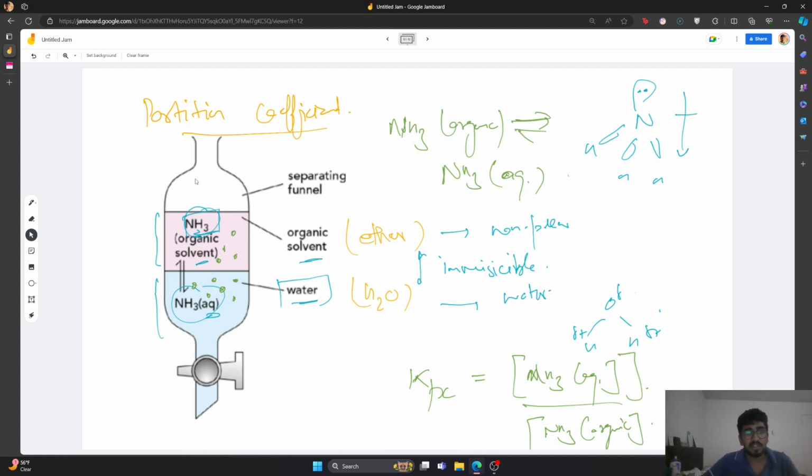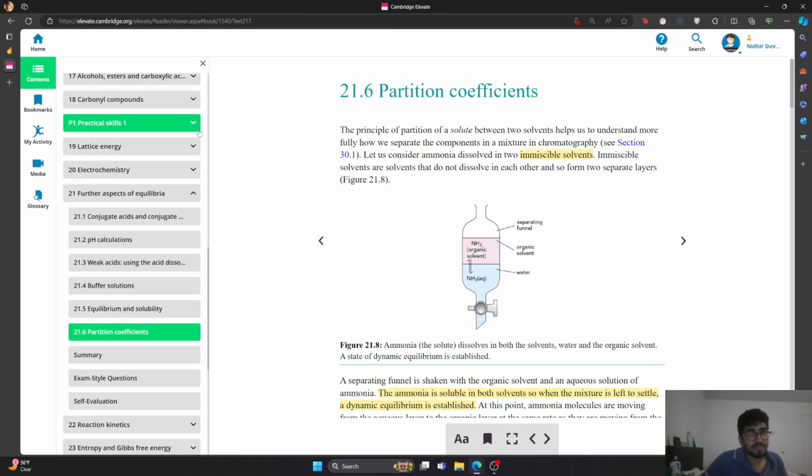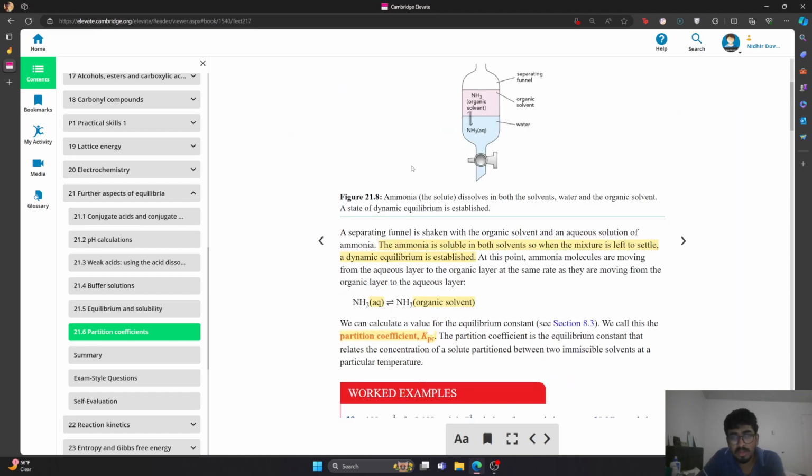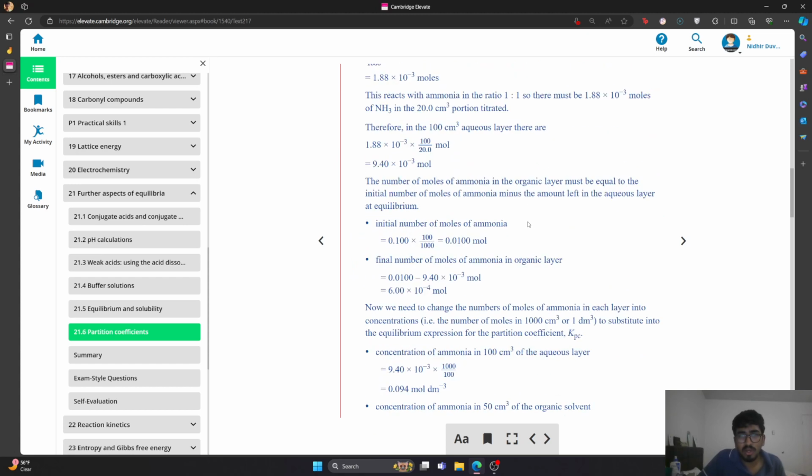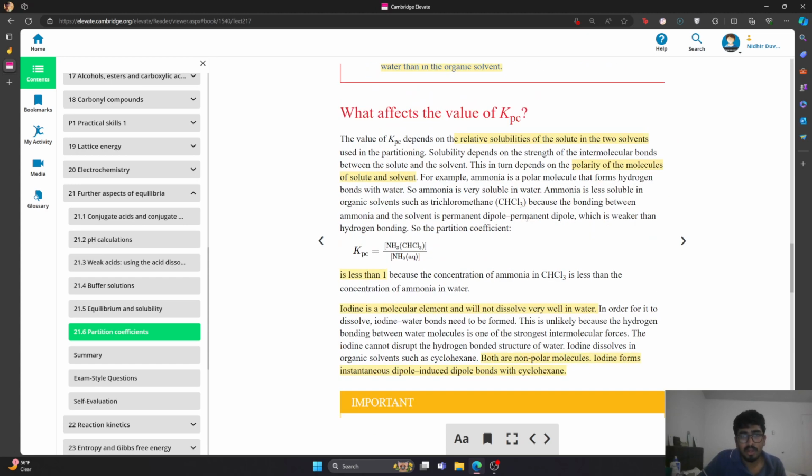Again, this partition coefficient is a constant between two certain things for a particular material. So for NH3 between say ether and water, it will be some constant. This is what is called a partition coefficient. Attempt this question, you'll get a hang of it.